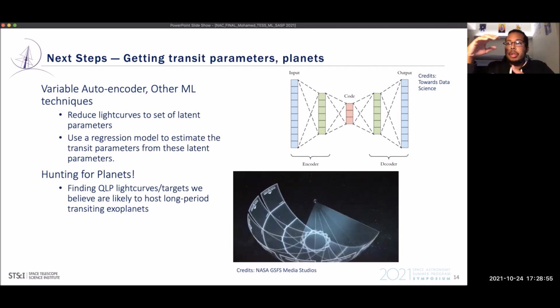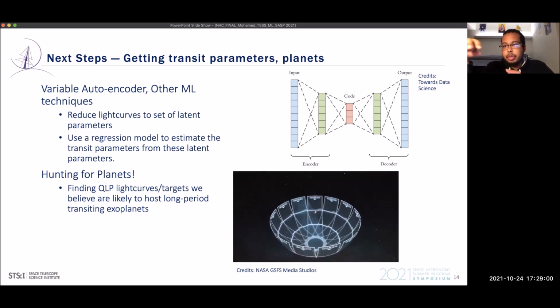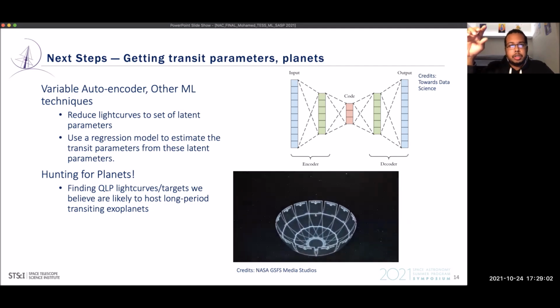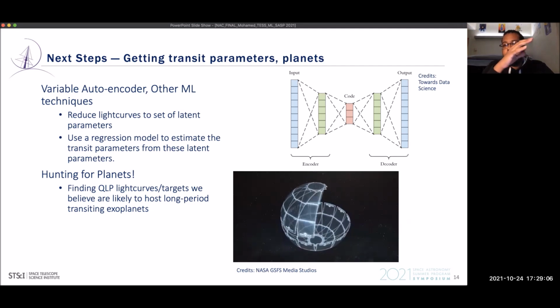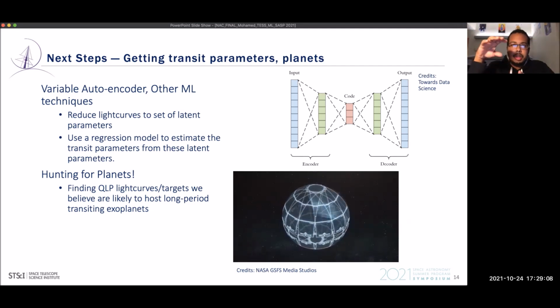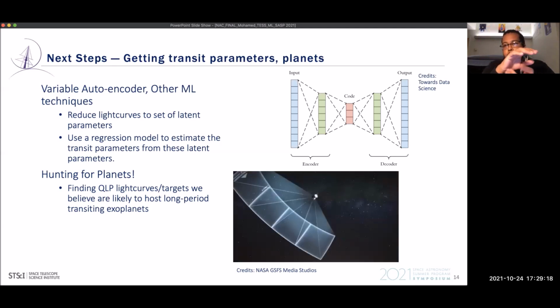From there, once you've encoded your data, the decoder tries to recreate the data from that small set of latent parameters. And so you can imagine, if you take that first part, the encoder, you take your data and compress it into a few latent variables, that you can then train a regressor on estimating what a light curve from these latent parameters should look like.